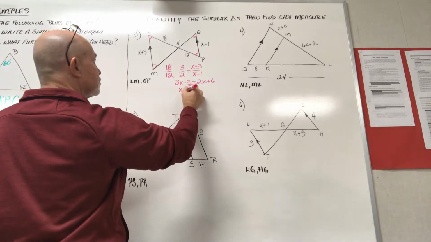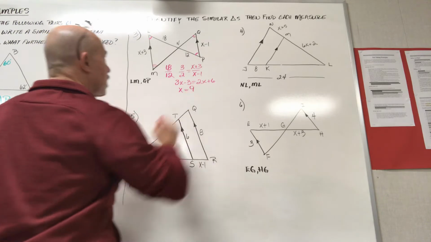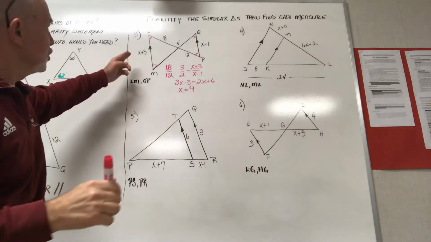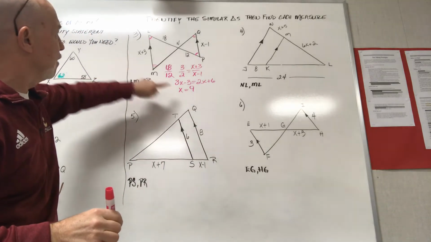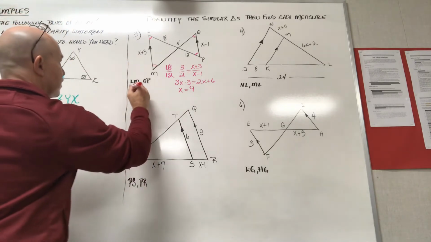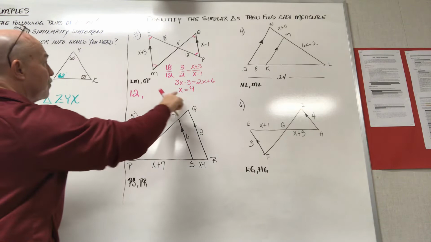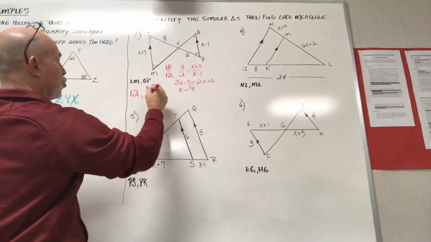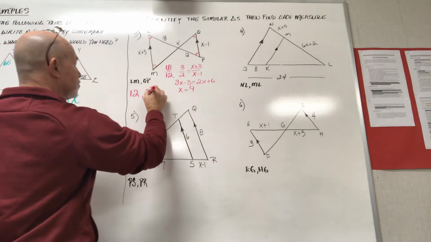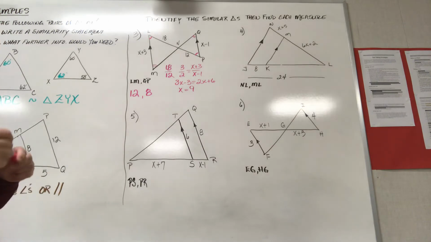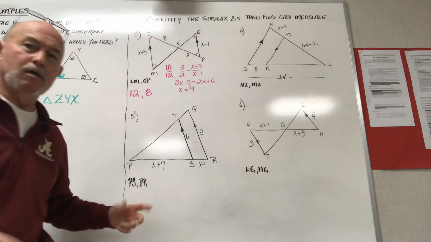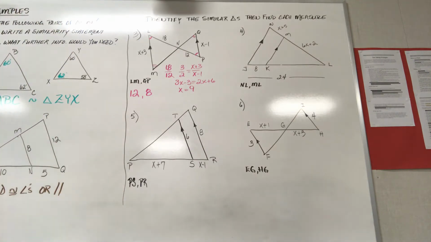Solve. Now I'm going to substitute back. It wants LM. So 9 plus 3. Okay, 9 minus 1. And there's my first problem.